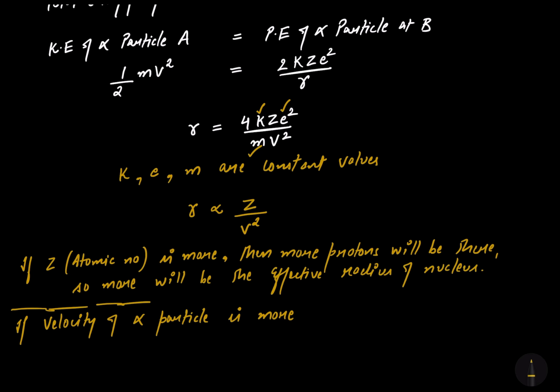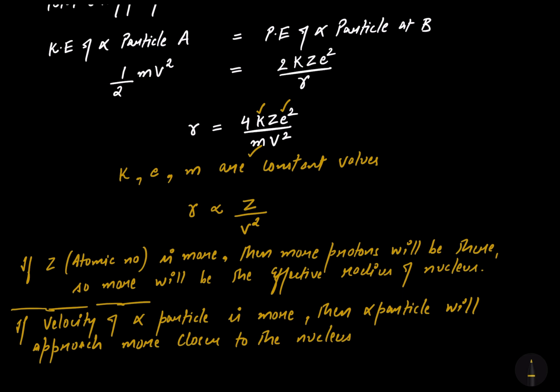If the velocity of alpha particle is more, then that alpha particle will approach more closer to the nucleus, and hence the effective radius of the nucleus will decrease.